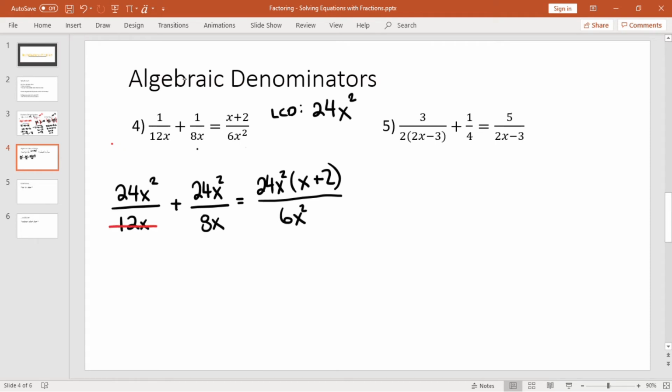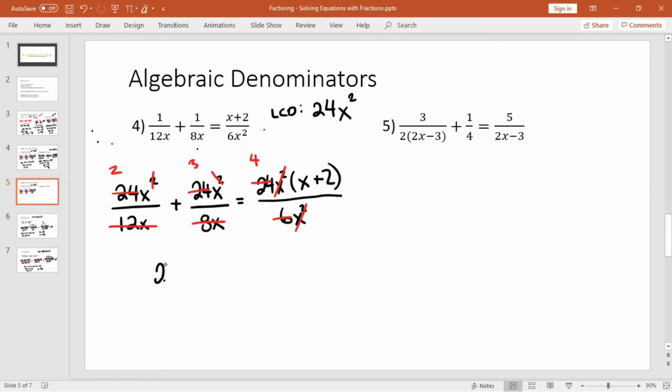This will cancel, this will become 2, and this will be plain x. This will cancel, this will become 3 plain x, and all of the x words cancel, and this becomes 4. So let's assemble here.